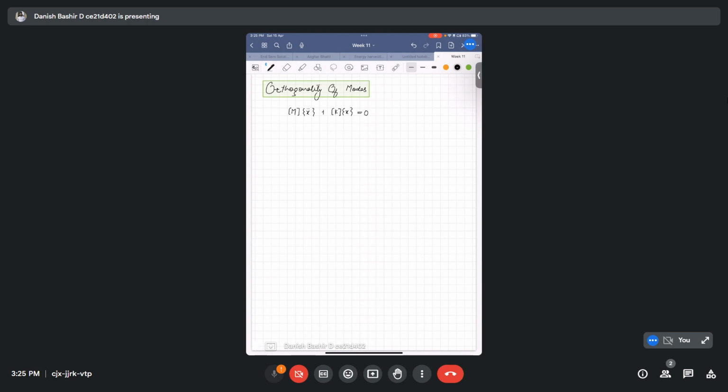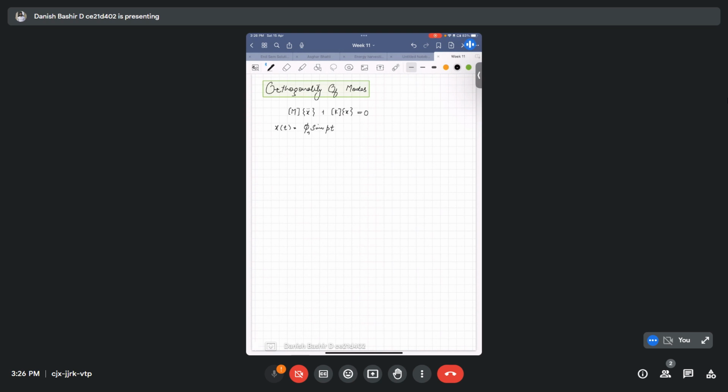We assume that the solution will be x of t equal to some x times sine pt, which we can write as phi n, some mode vector phi n.